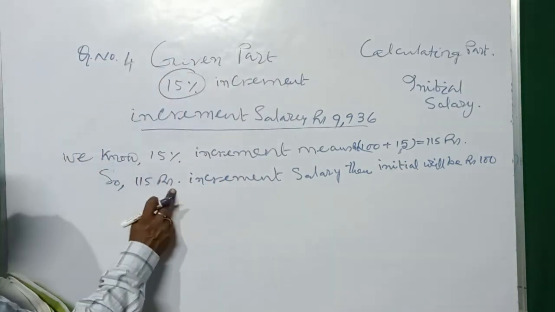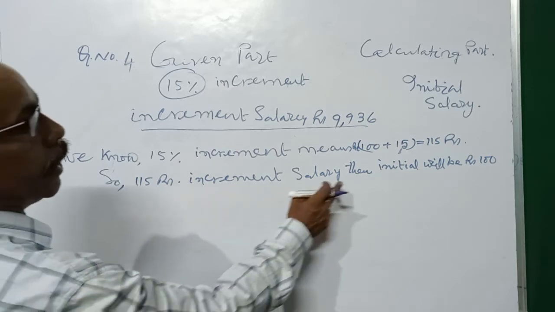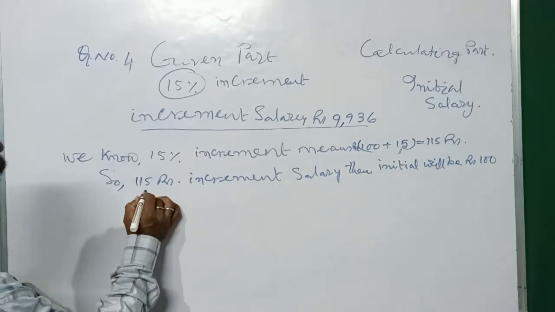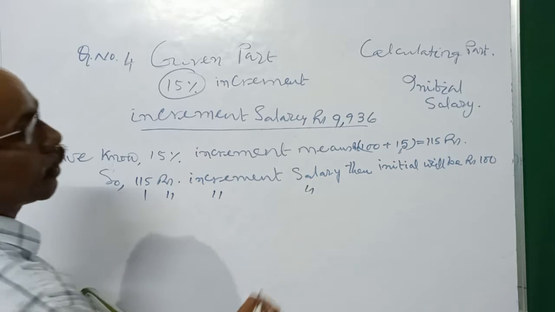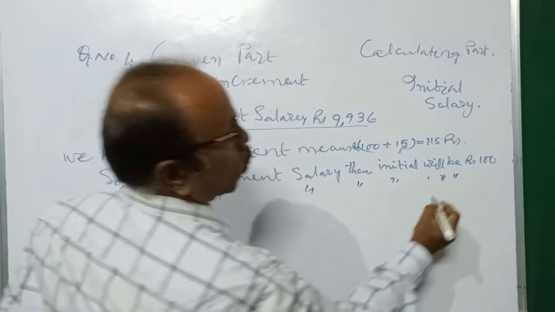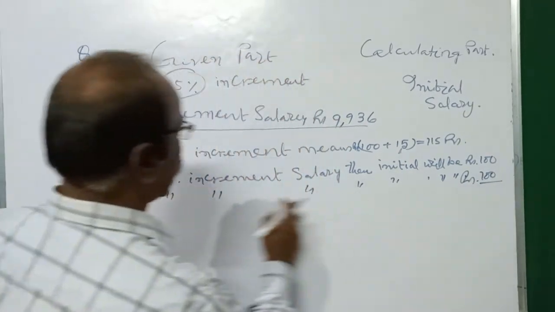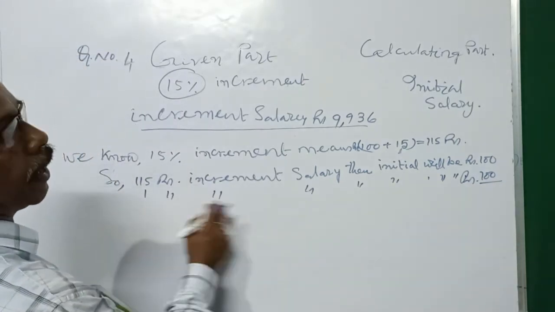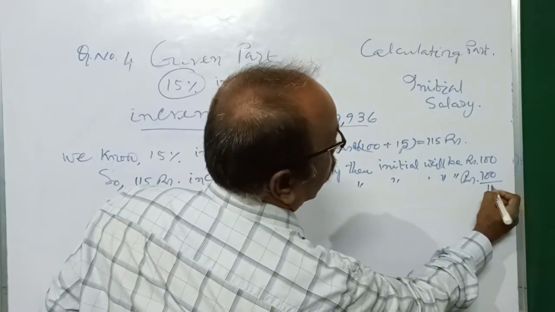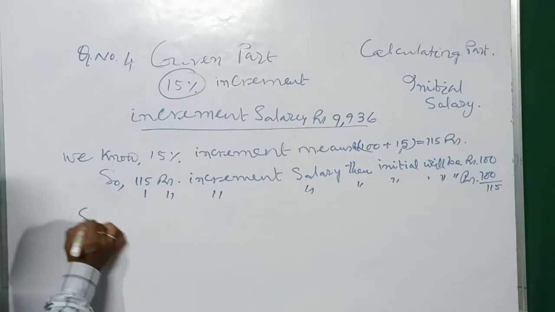Likewise, for 1 rupee of incremented salary, the initial will be 100 divided by 115, as it will be less than 100.